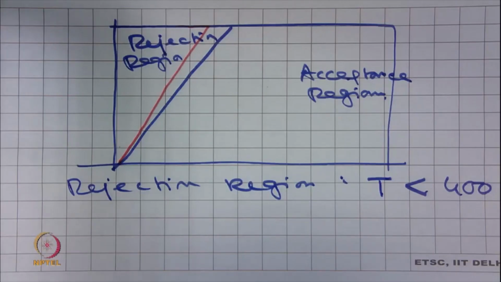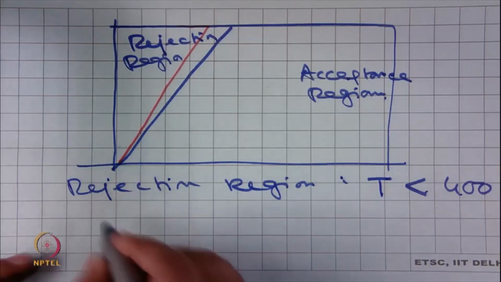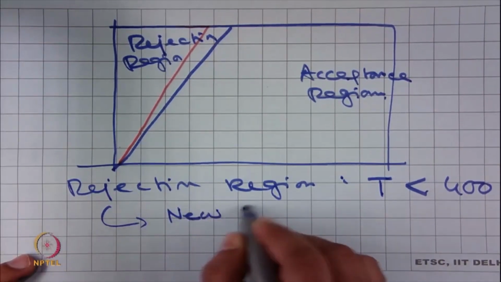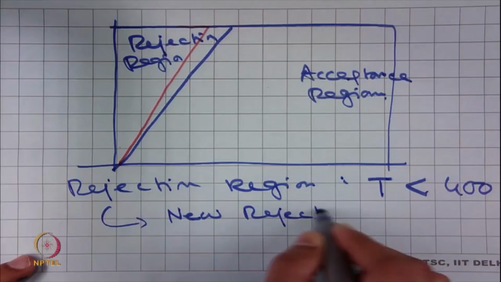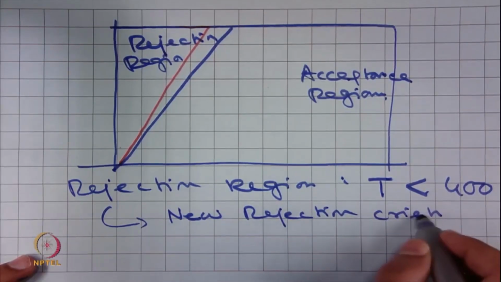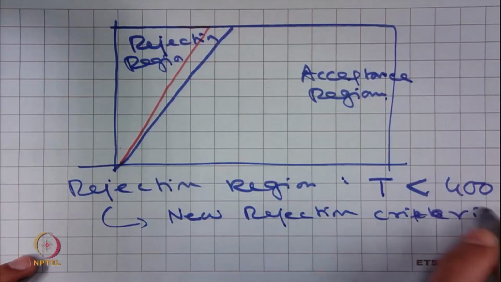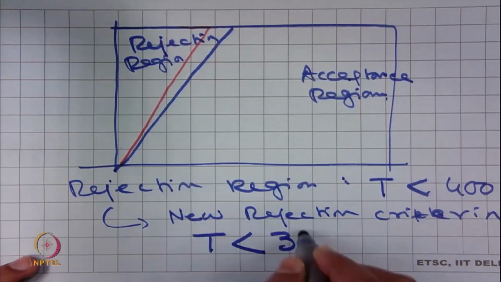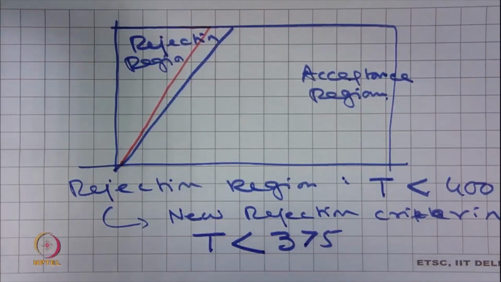In order to reduce type 1 error, suppose we make a new rejection criterion that t is less than 375.